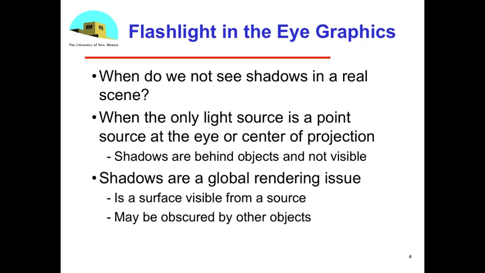One way to look at it is to ask under what circumstances wouldn't you see any shadows just looking out at a scene in the real world? The answer would be only if the light source, let's assume an ideal point source, was right in your eye or directly behind you, because then the shadow cast by objects that you're seeing would lie directly behind those objects as seen by you, and there would be no shadows.